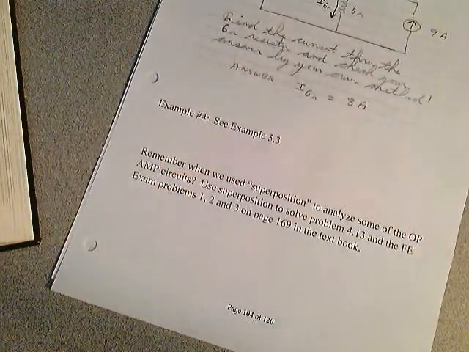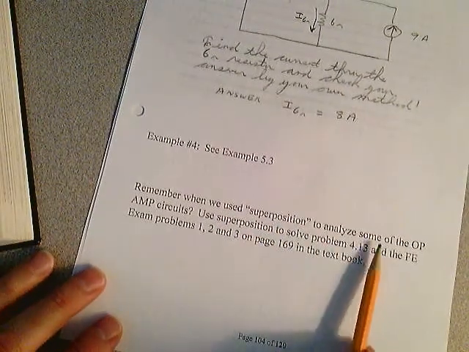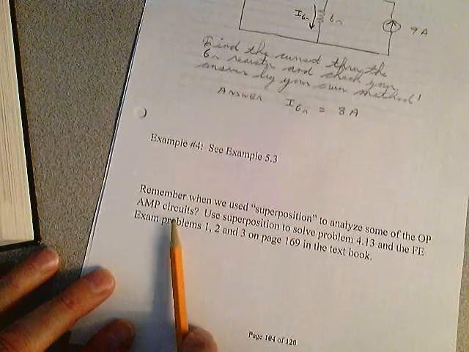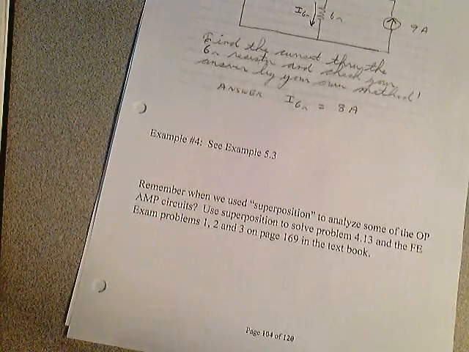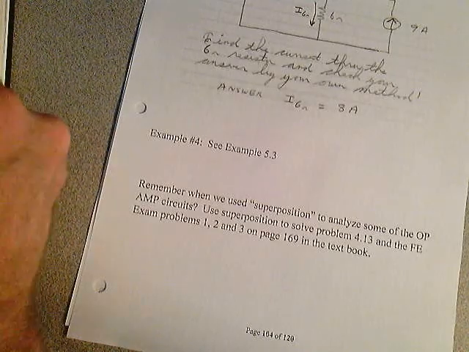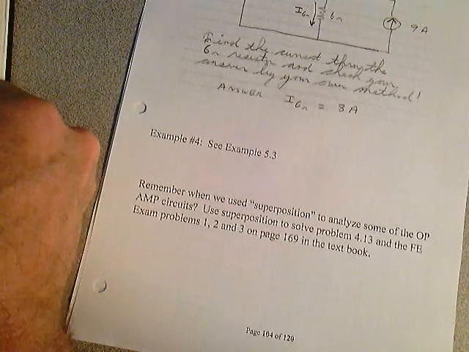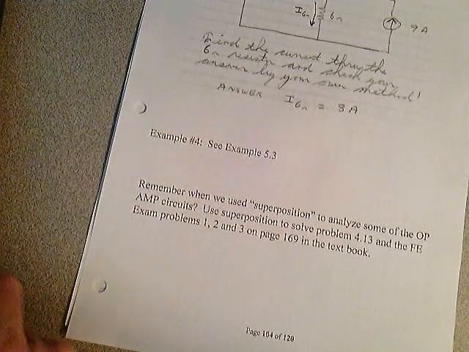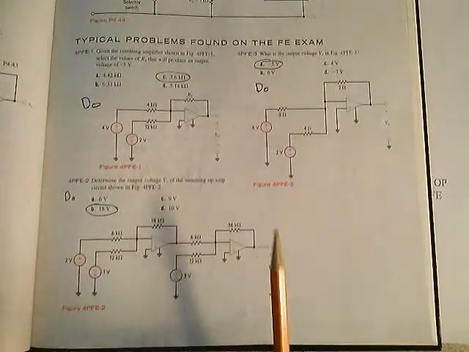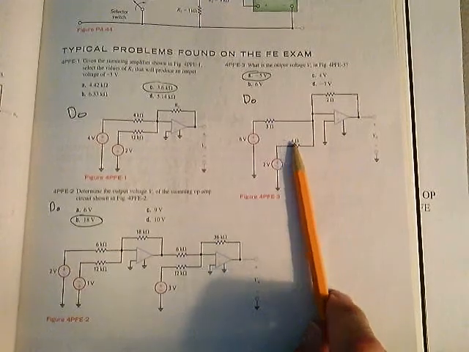As a real quick reminder, we use superposition to analyze some of the op-amp circuits. If you look back at the end of chapter 4, let's see if I can find that real quick and throw that up. Yeah, we did these problems right here. We used superposition to find the answer right here.